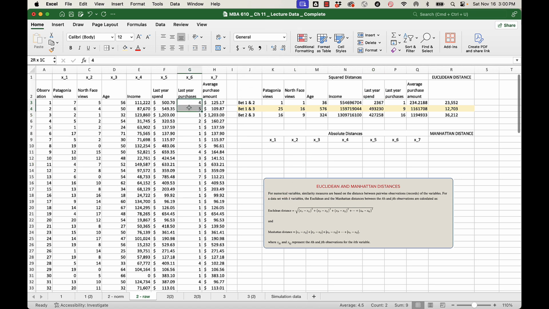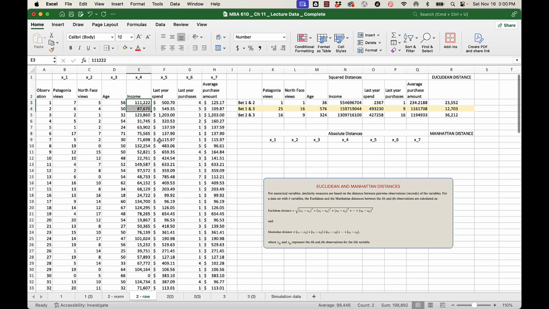And also 1 and 2 each made more purchases and had lower dollars per purchase. Person 3 had one large purchase. So 1 and 2 appear more similar, but where they're different is on income.